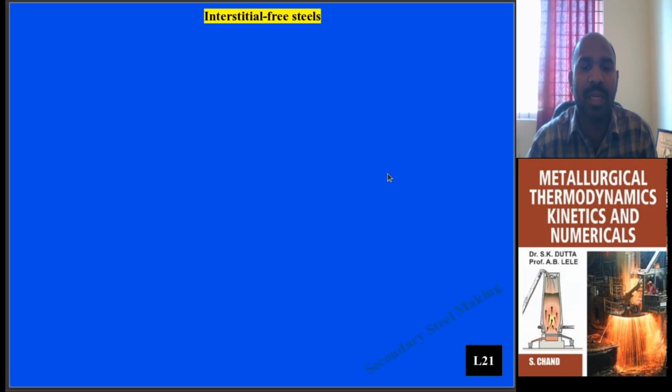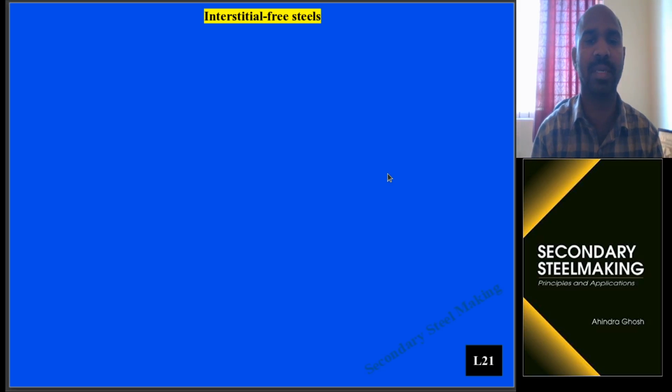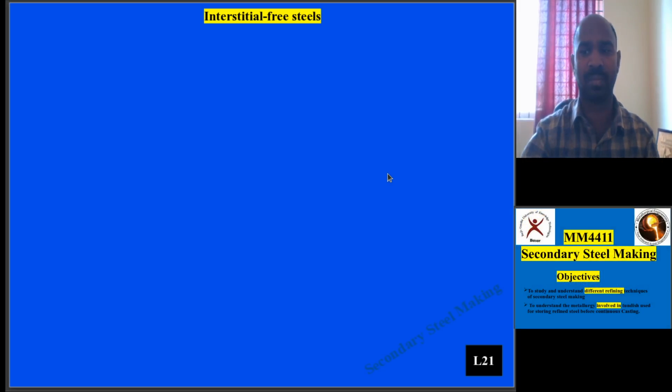To compromise on this, secondary treatment of steels was devised. Why don't you change the steel properties, bring down the weight and increase the strength?